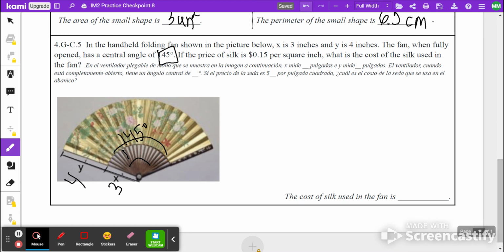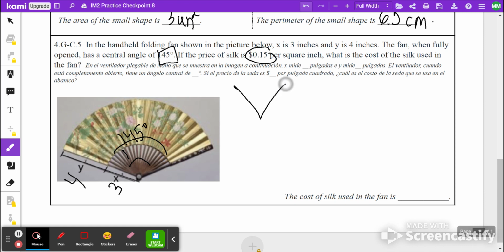If the price of silk is 0.15 per square inch, how much do we have to pay for the silk that's right here? Okay, well, we had a very similar problem in notes 8.4.3. And we'll be using the same solution method that we did.